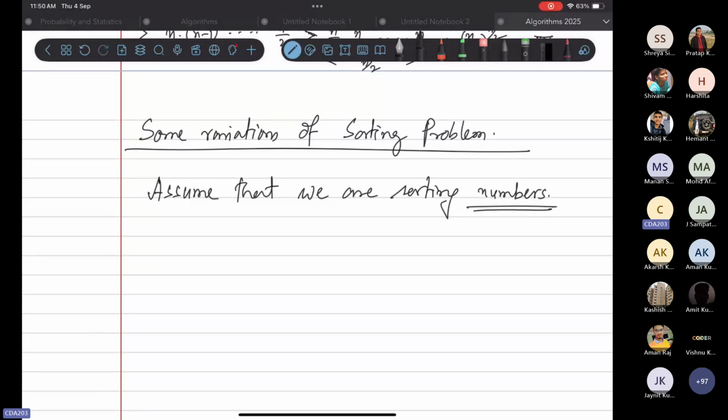Without getting into comparisons, by using some other way, can I sort the numbers in better than n log n time?